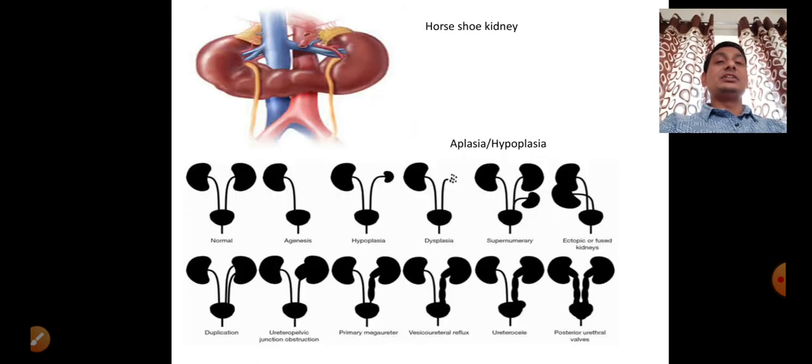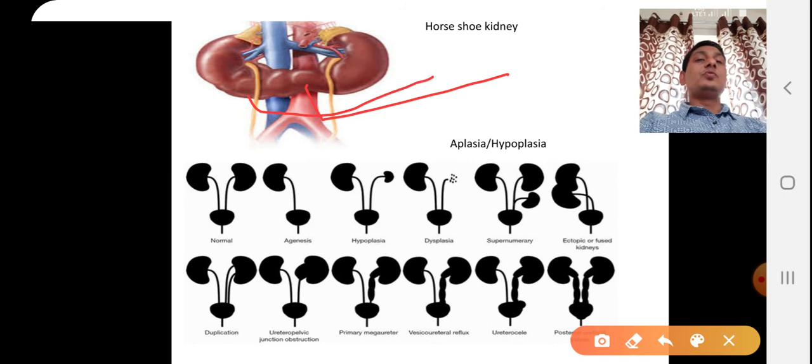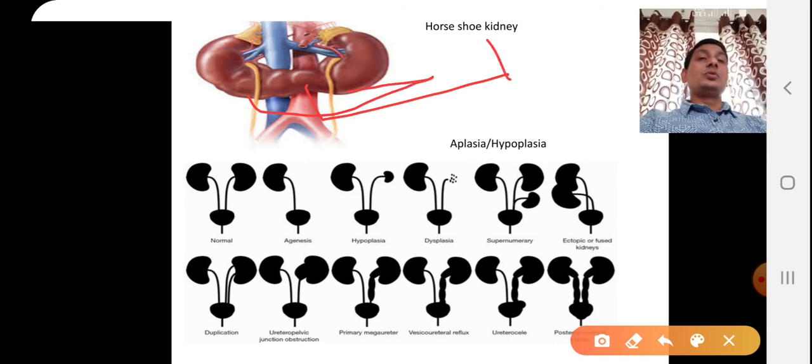If we see here, the lower poles of the kidneys are joined, shaped like a horseshoe. That is the horseshoe kidney. Next is aplasia, which means one kidney is absent.